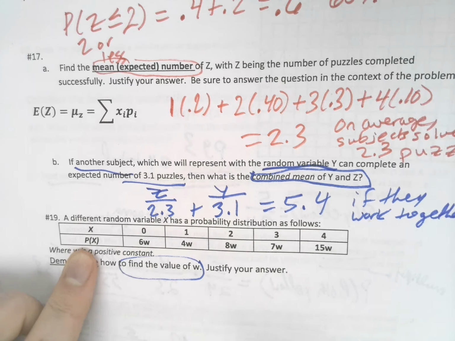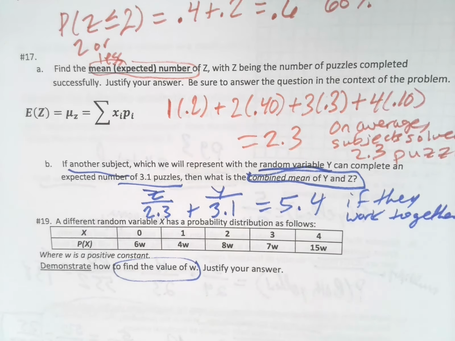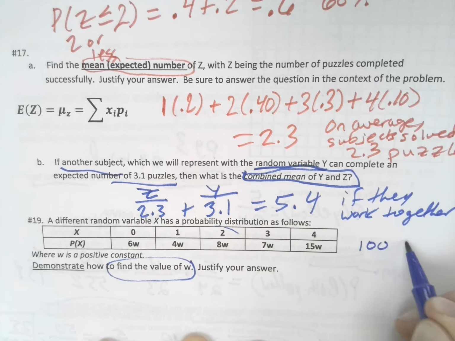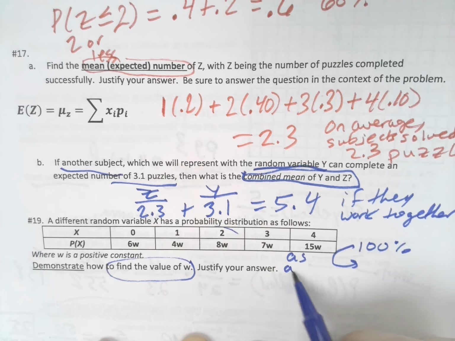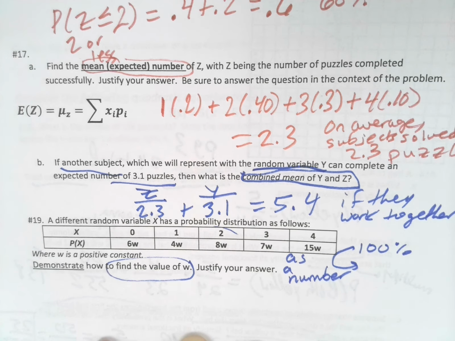Well, let's think. What do we know all these events have to add up to be? These all have to add up to 100%. Now, how do we represent 100% as a number? We know 30% is 0.3.